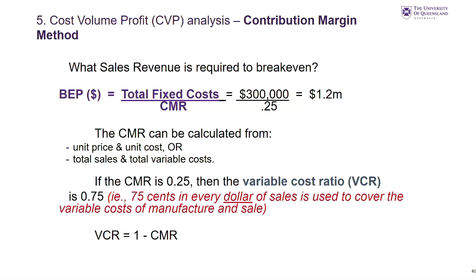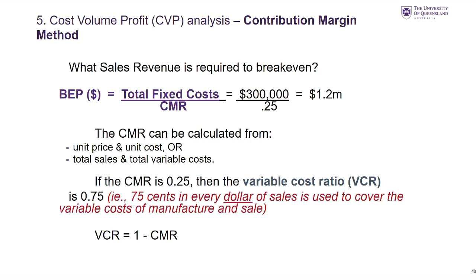Okay, so this slide just tells you that the contribution margin ratio can either be calculated by using the unit price and the unit costs, or by using total sales and total variable costs. Don't mix them together. And we also know that if the contribution margin ratio is 0.25, then the variable cost ratio must be 0.75.